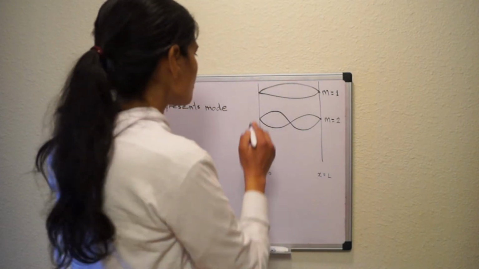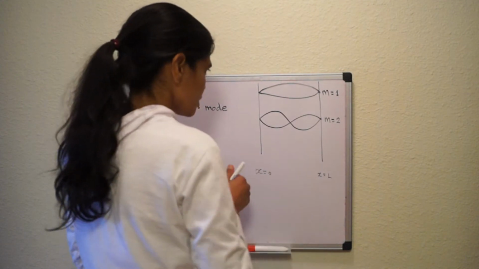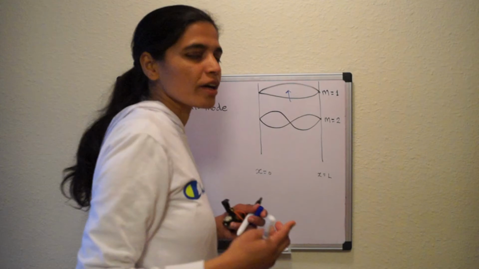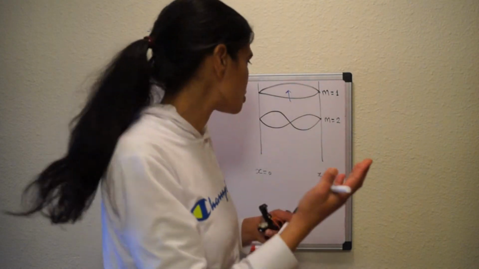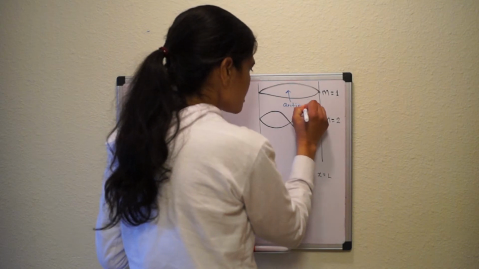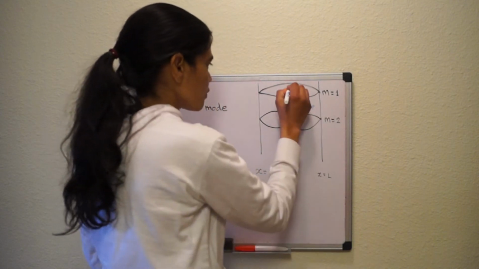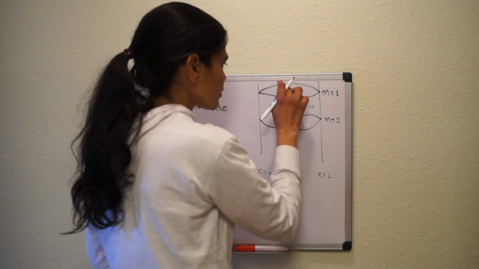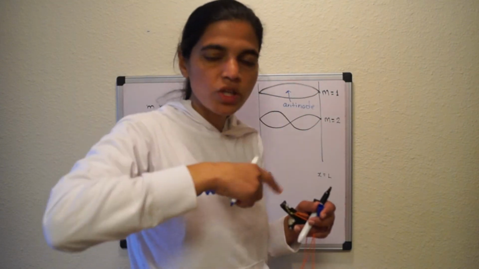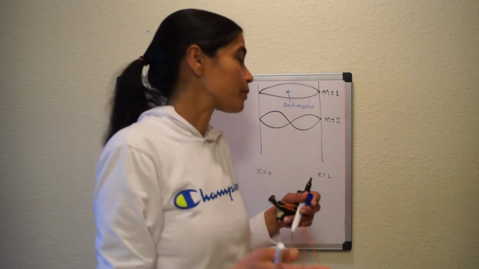Okay, so this region here, this part in between where there is a maximum amplitude, is called antinode. Okay, antinode region. That's just the space with the maximum amplitude, where the particles in the string are oscillating at highest amplitude.